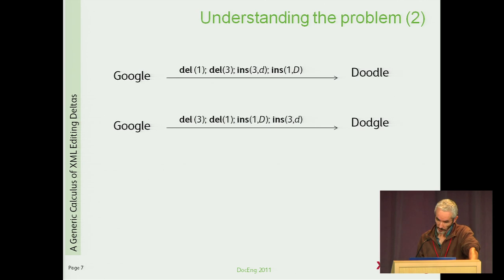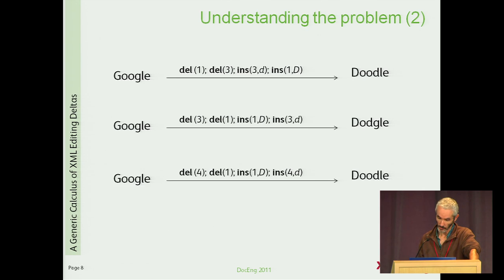Now, what's interesting to observe is that we cannot switch the various elements of this composition. If we do so, for instance, if we put the first del operator in second position, we obtain a different result. And that's in fact a fundamental problem when you want to manipulate such expressions.